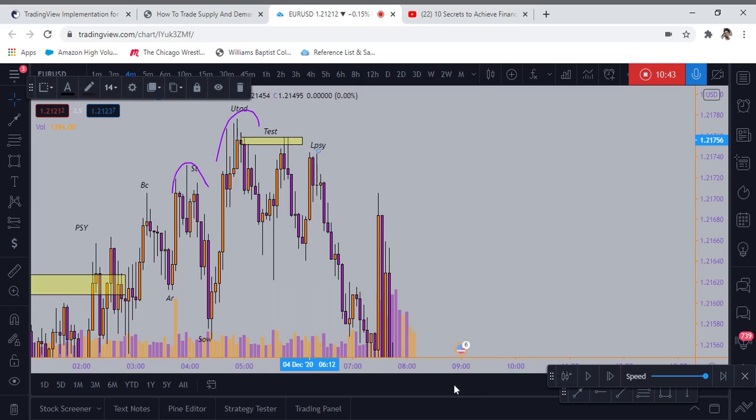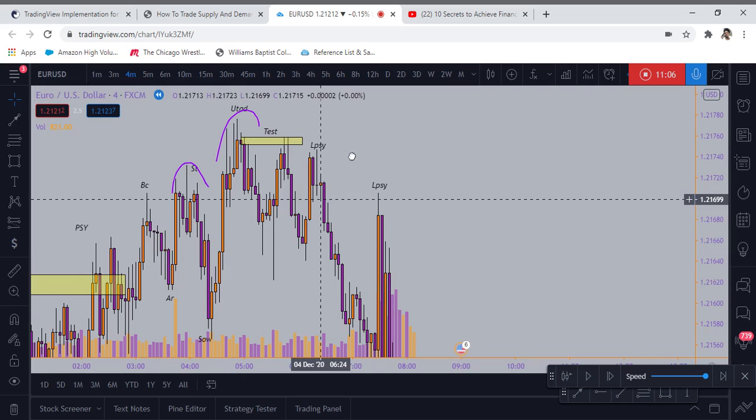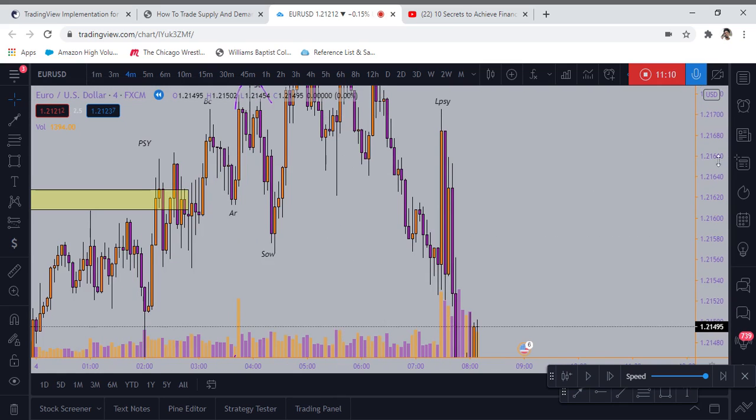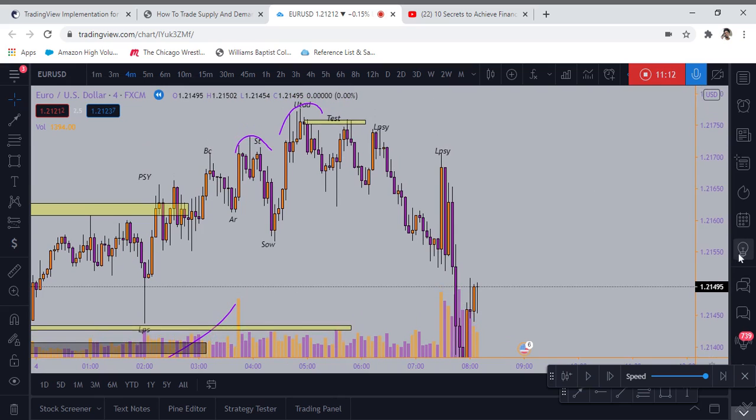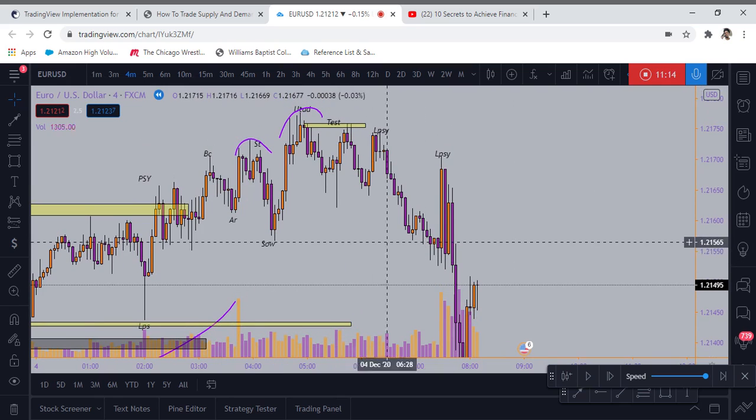LPS one. I wish there was an easy way where I don't have to retype it. How do you do the clone? And price continued to break market structure.